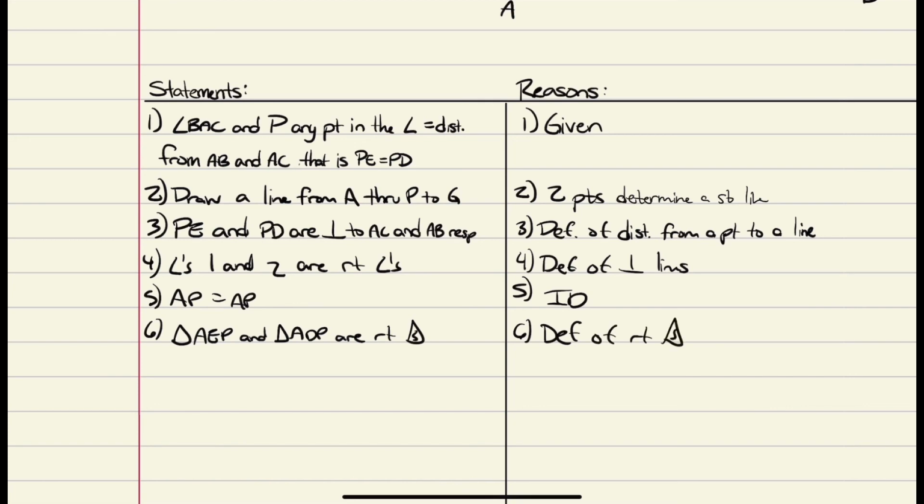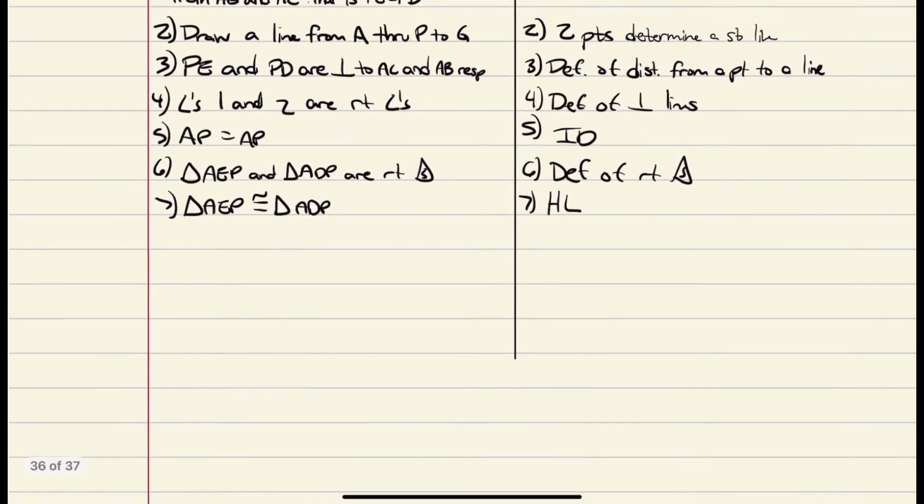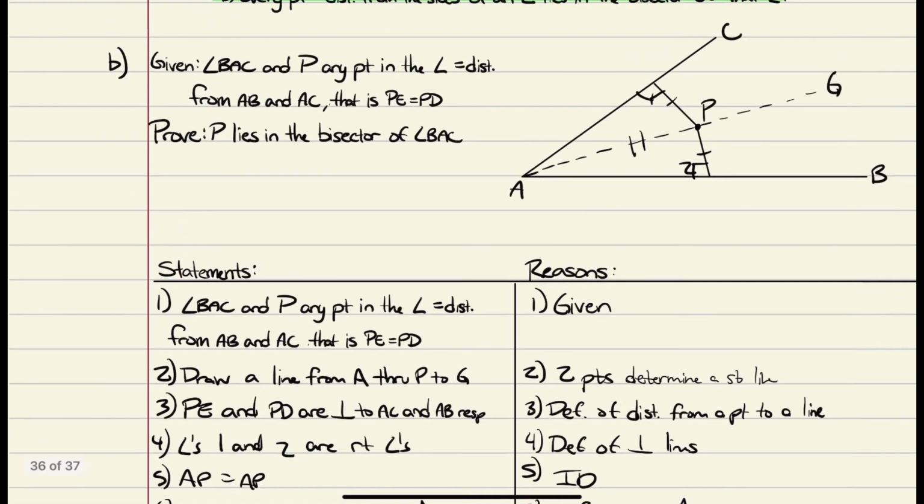Number 7, they are now congruent to each other. Triangle AEP is congruent to triangle ADP by hypotenuse leg. We have the hypotenuse equal to itself. They both have the same side, which is the hypotenuse of each, and we have a leg equal in both. So hypotenuse leg. And then number 8, angle PAE. Let's just label these ones here. I'll call that 4 since I already did that.